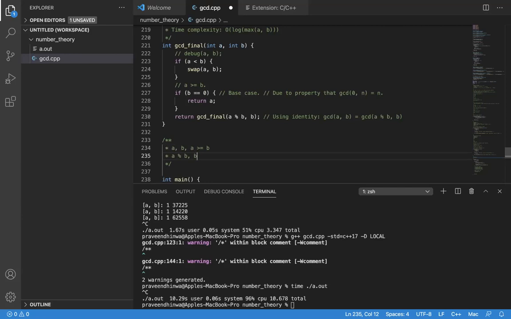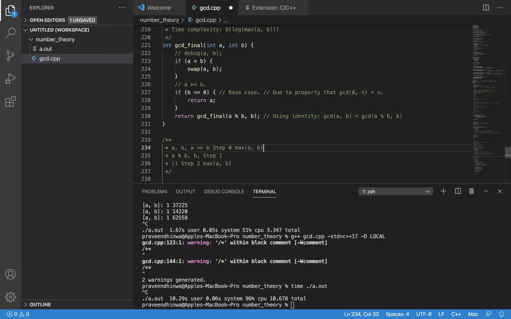So in the next step, you will have, let's say, A mod B. So this is step 0, this is step 1, and this is step 2. You can prove that in the second step, max of A comma B would be at most half of max of A comma B in step 0.